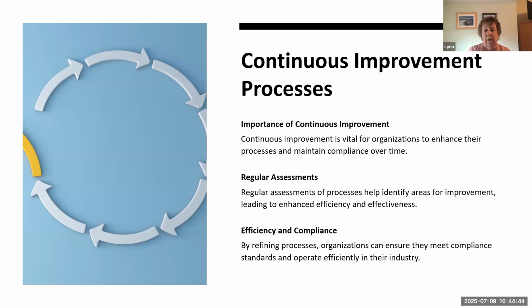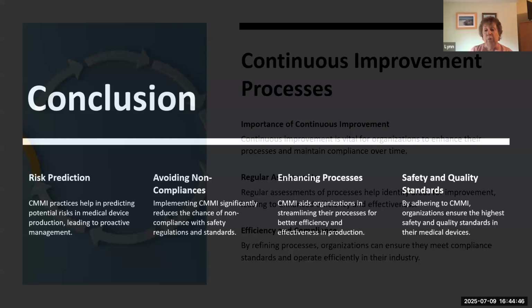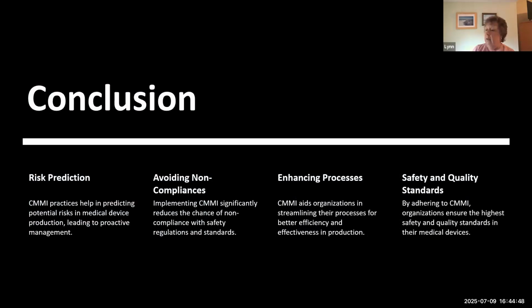So, as far as risk prediction, we use these practice areas to identify risks. In year one, it was risk to production, because that's what we're baselining you to. After that, it's whatever transaction you want us to look at.